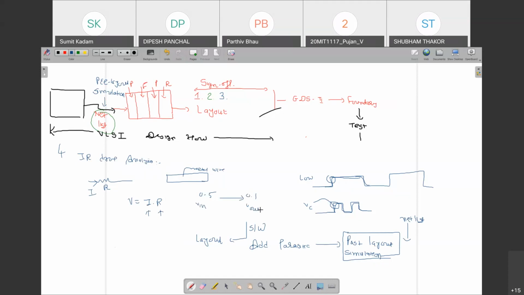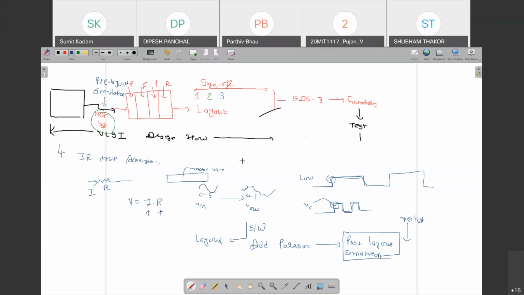So signal integrity is a major problem. If you are working with analog or any other domains, and your signal is like this, but your expected output looks like this, because of the change in the voltage you cannot neglect that. For that, you have to perform the IR drop analysis.